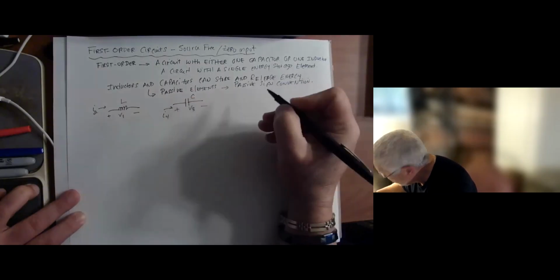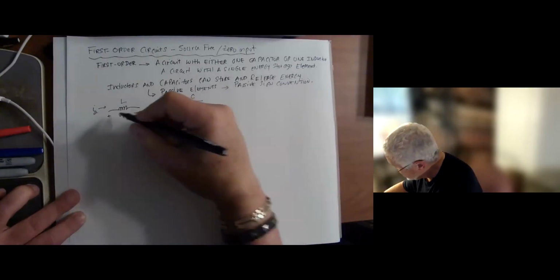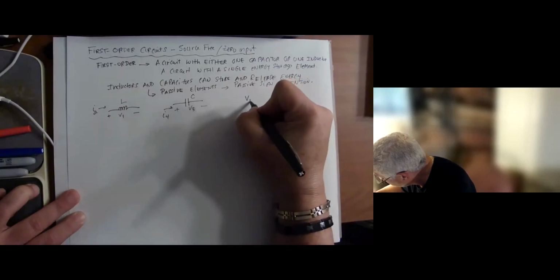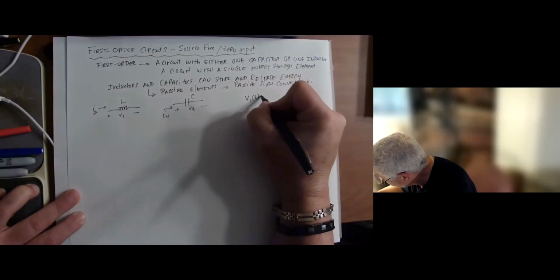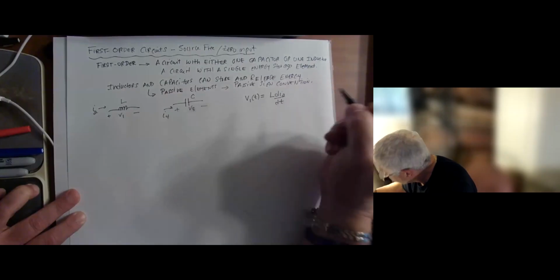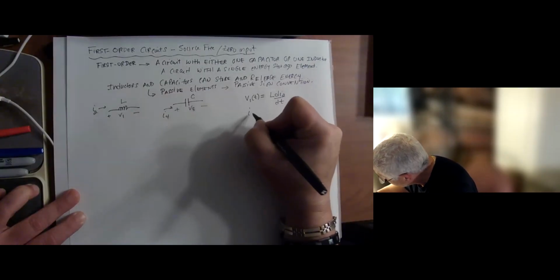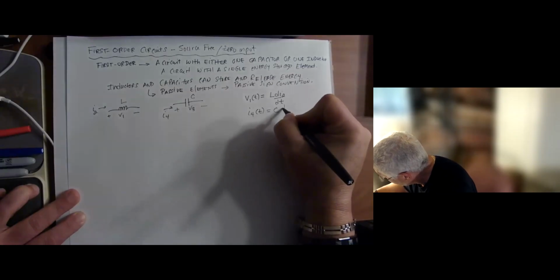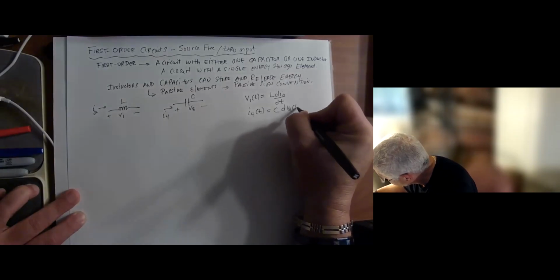The relationship for the inductor is V1 of t equals L di2, the derivative of the current through the inductor. And for the capacitor, the current equals the capacitance times the derivative of the voltage as a function of time.